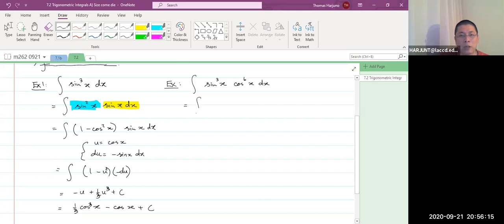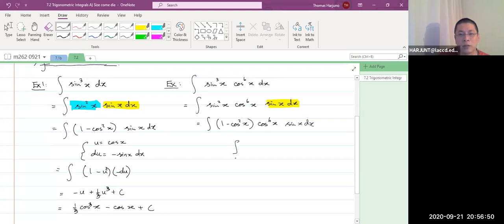Then I will rewrite this as sine squared x cosine to the 6th x sine x dx. So one of the odd ones is the one you pull out to help you with the substitution. Okay, so I will write this as 1 minus cosine squared x, cosine to the 6th x, sine x dx.